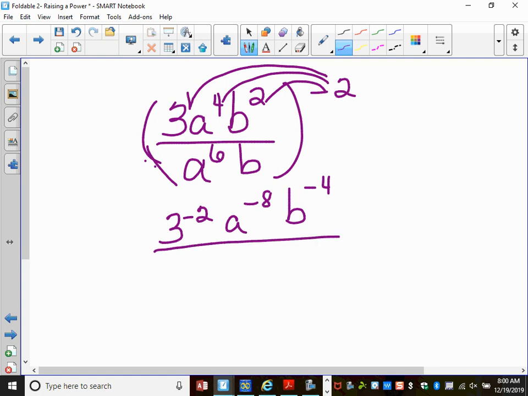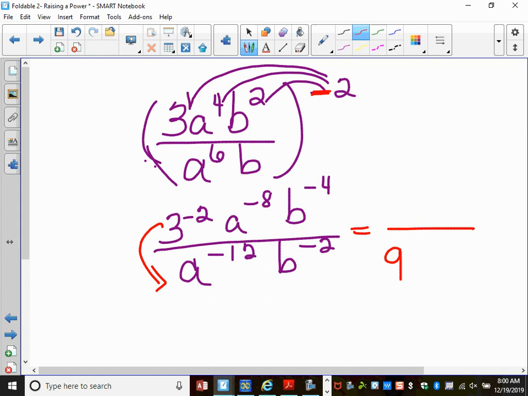Do the same thing to the bottom. So this will be a to the negative 12 and b to the negative 2, because this is a negative. So I want to simplify this. So first, I'm going to drop this down to the bottom because I want that to be 3 to the positive 2, which will give me 9.